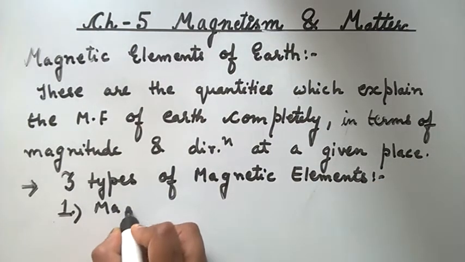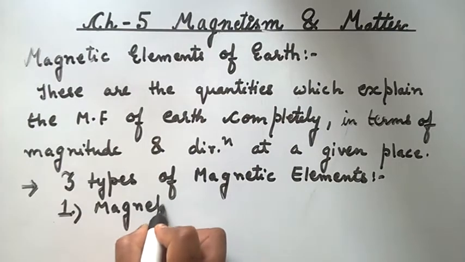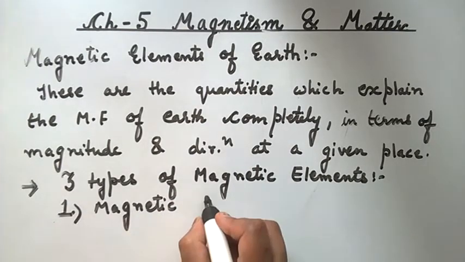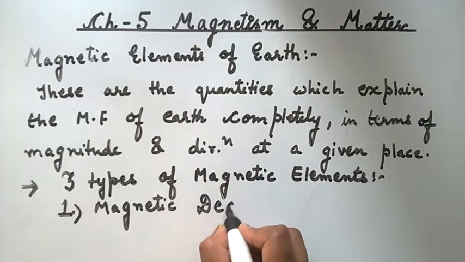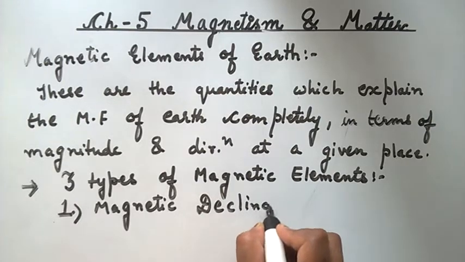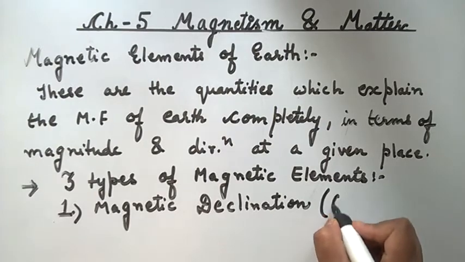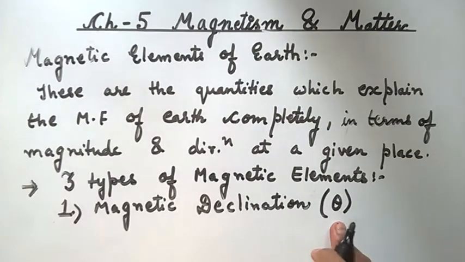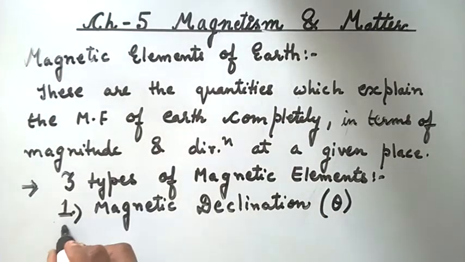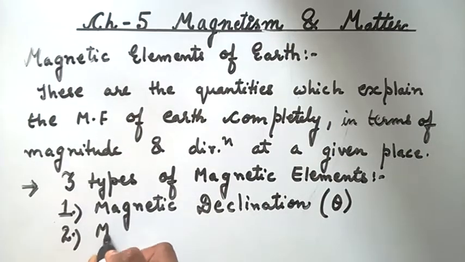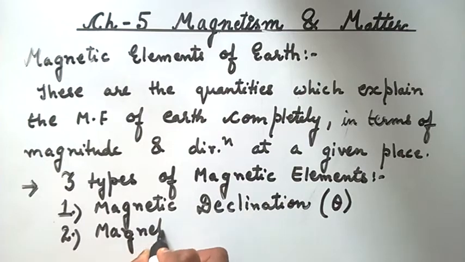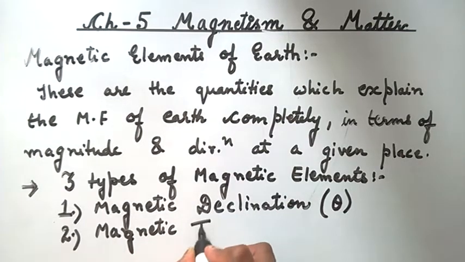First is magnetic declination. Let's denote it by theta. Second is magnetic inclination, or simply inclination or dip.